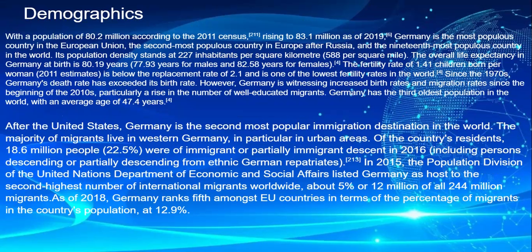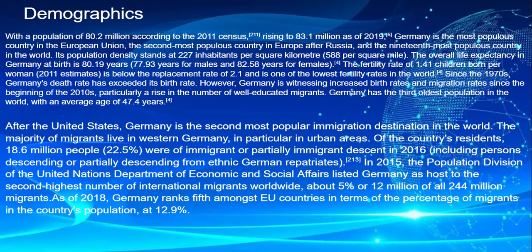The overall life expectancy in Germany at birth is 80.19 years, 77.93 years for males, and 82.58 years for females. The fertility rate of 1.41 children born per woman in 2011 estimates is below the replacement rate of 2.1 and one of the lowest fertility rates in the world.